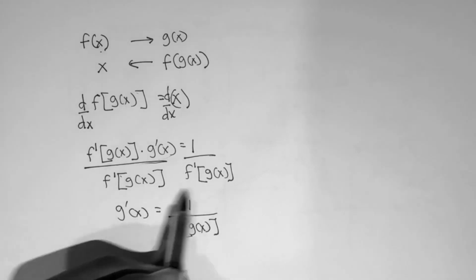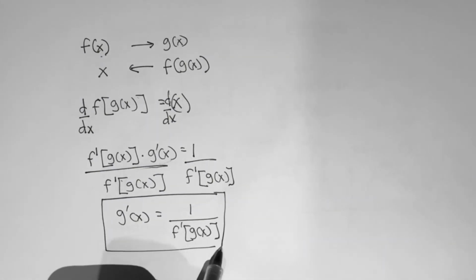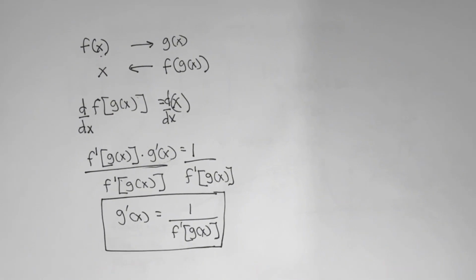So this is a very important formula to remember. The formula for finding the derivative of inverse functions. The derivative of an inverse function is equal to 1 over the derivative of the original function evaluated at the inverse function. So let's apply it in some examples and then we'll see how to use this formula.